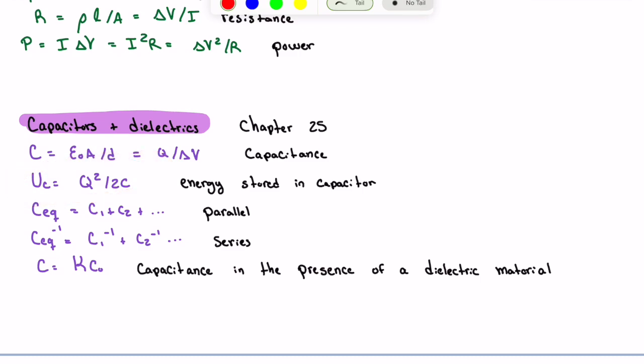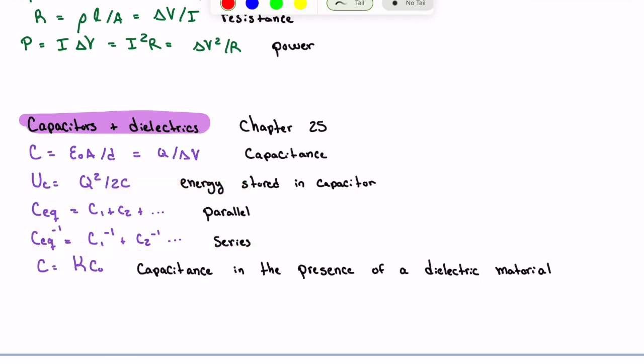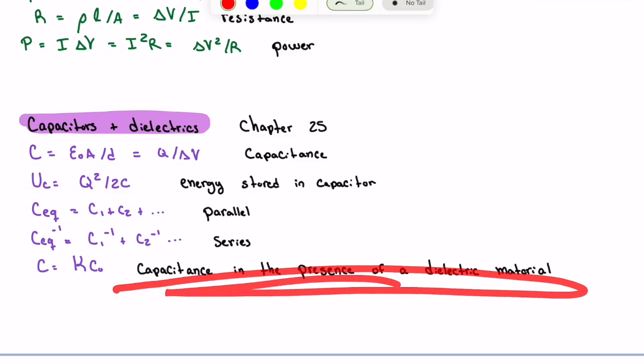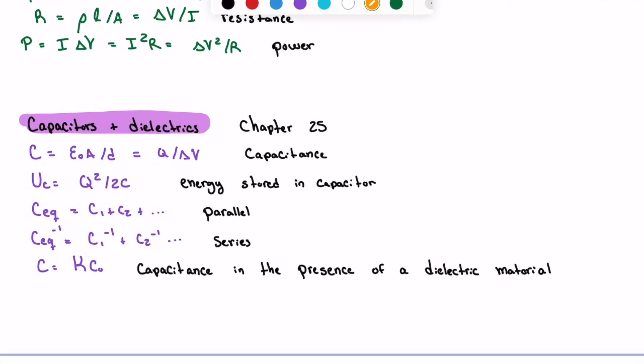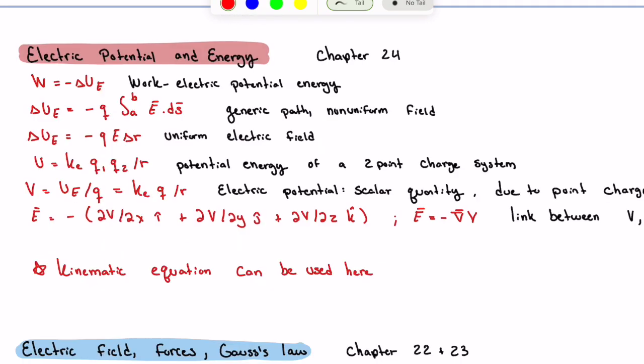You learned how to add up capacitors when they're in parallel and in series, and you learned how capacitance changes when it's in the presence of a dielectric material. So whenever we had our capacitor plates and then we inserted a dielectric material here, it's going to change what the capacitance is according to this equation here, where K is just our dielectric constant.